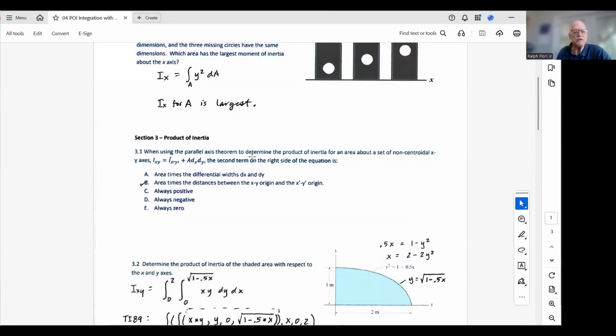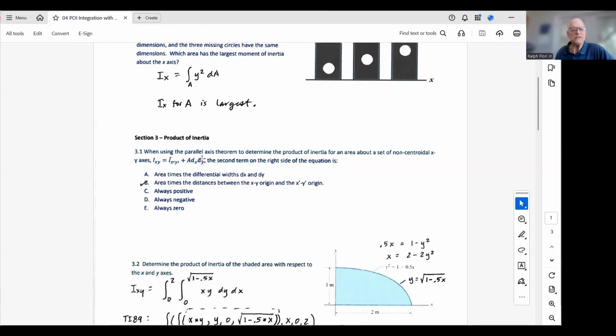This is a conceptual question for product of inertia. It says when using the parallel axis theorem to determine the product of inertia for an area about a set of non-centroidal axes like xy, the second term on the right-hand side of the equation is area times the distances between the xy origin and the x prime, y prime origin.